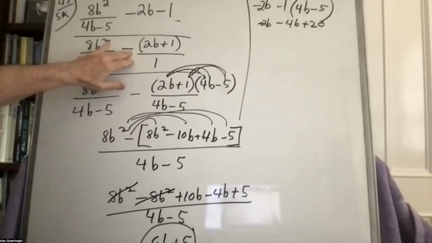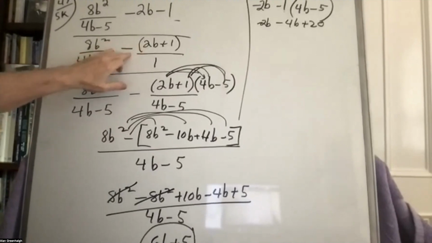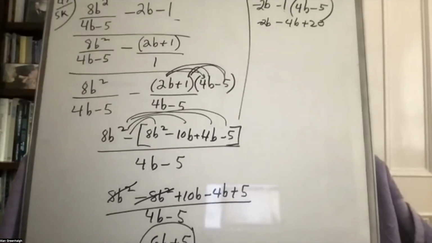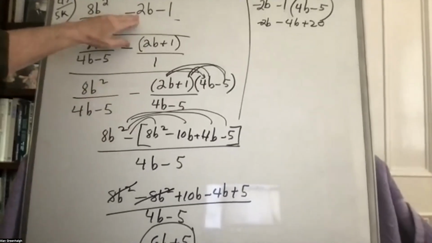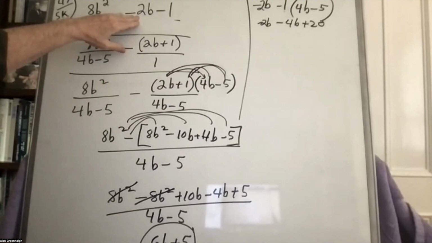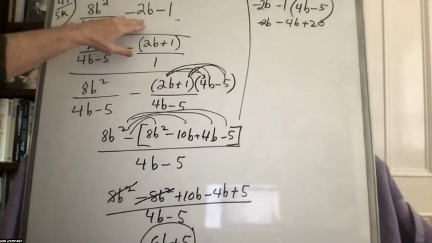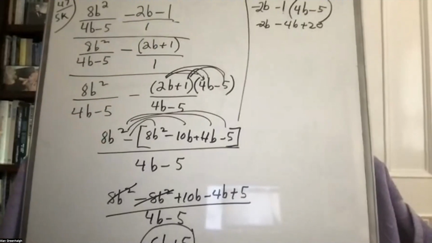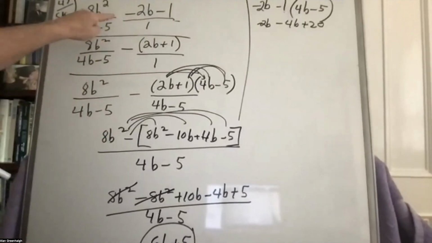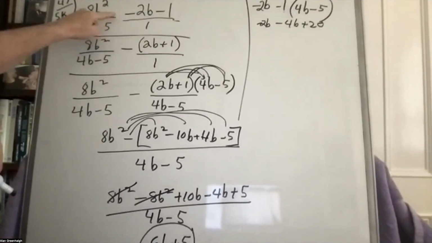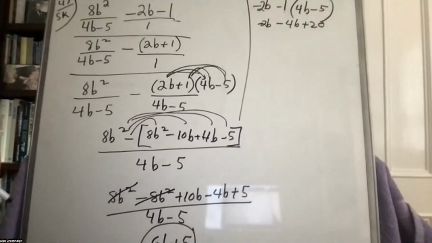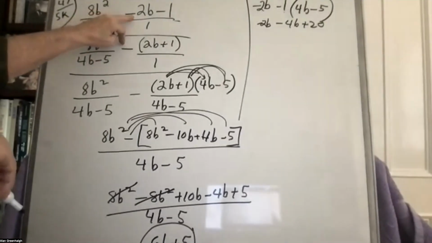I just kept it with this. I put a 1 below 2b minus 1 as a fraction. I just left that minus that's in front of the 2b. Yeah, you don't know what to do with this negative.